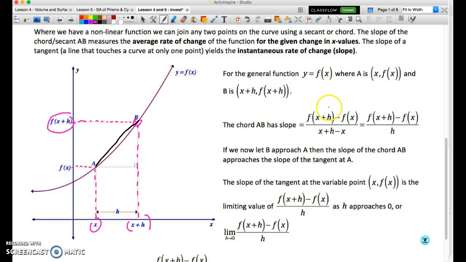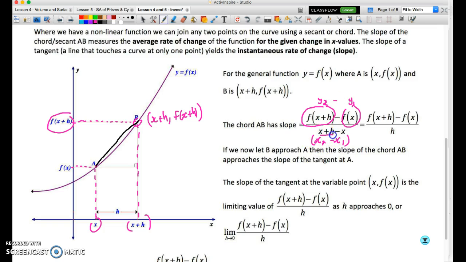And so here is our y coordinate. Like I mentioned, the coordinates of B are x plus h as the x value, and the corresponding y value is f of x plus h, and so this is y2, this is y1, so y2 minus y1, or y1 minus y2, doesn't really matter, y2 minus y1 over x2 minus x1.